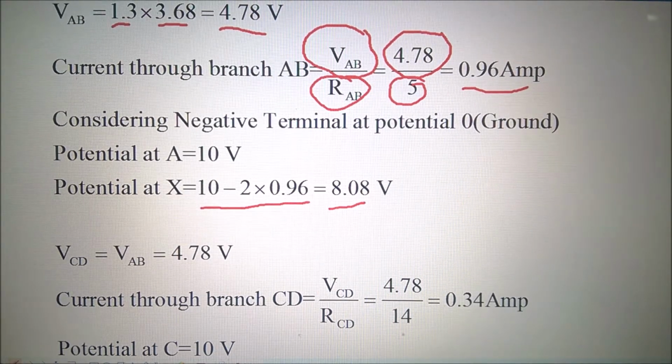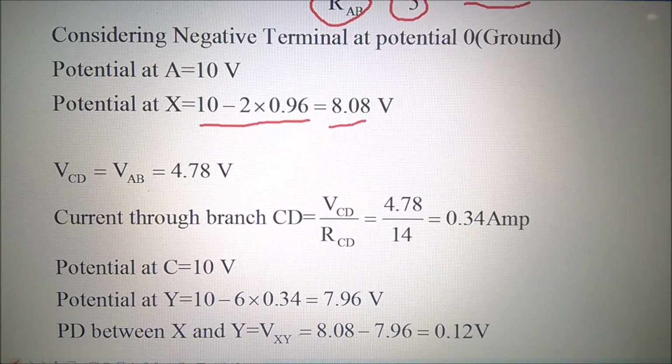Now in exactly the similar way, the potential at Y is 10 minus 6 into 0.34, and it is found to be 7.96. The potential at X is 8.08, and the potential at Y is 7.96. If we subtract, then this is the potential difference.